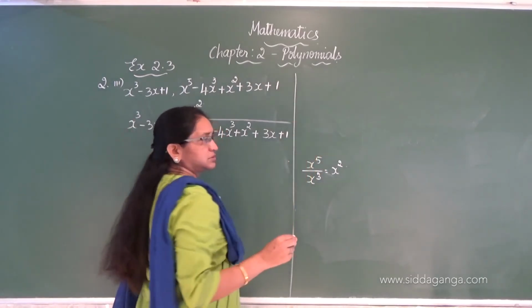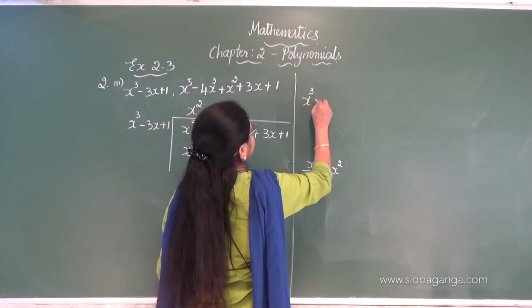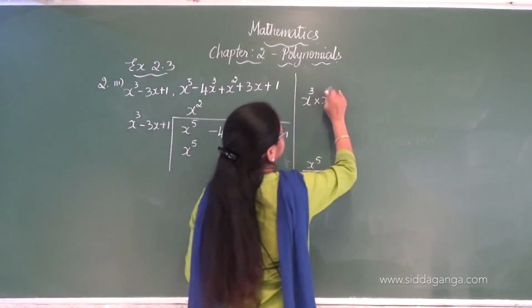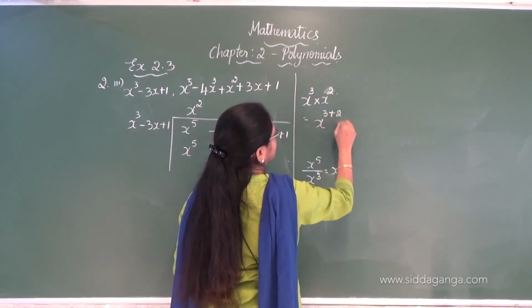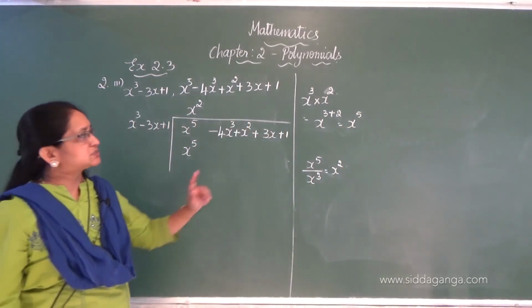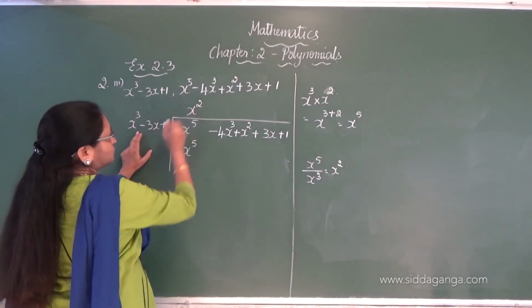According to the law of exponents, when you multiply, you should be very careful, this will be x to the power of 3 plus 2, that is x to the power of 5. Law of exponents, you have studied in the lower class. So this will be x to the power of 5.